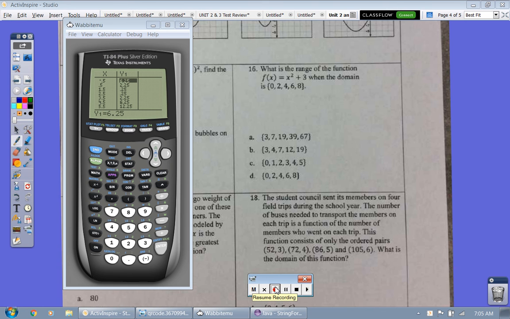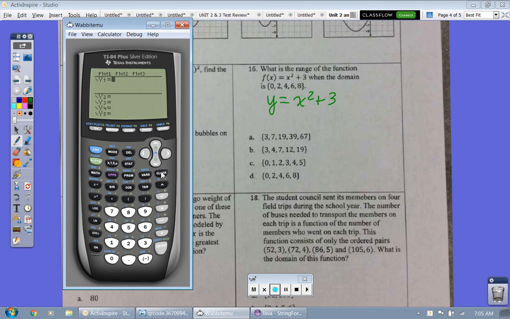Okay, 16, similar problem. They give us y equals, so we're going to write this as y equals x squared plus 3. And so we're just going to graph this in our calculator. So here we go, x squared plus 3. We're going to go back to our table, but our table is counting by halves. We want them to count by whole numbers, so we're going to go back to our table set and start it, let's start it at 0 or 1.